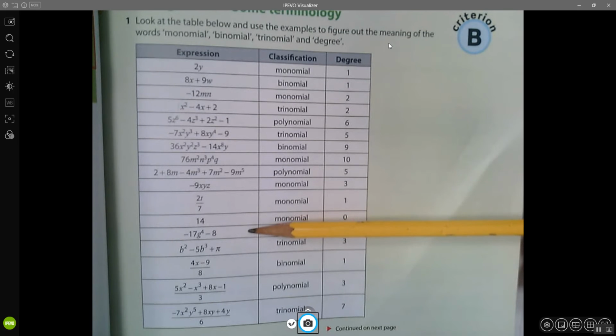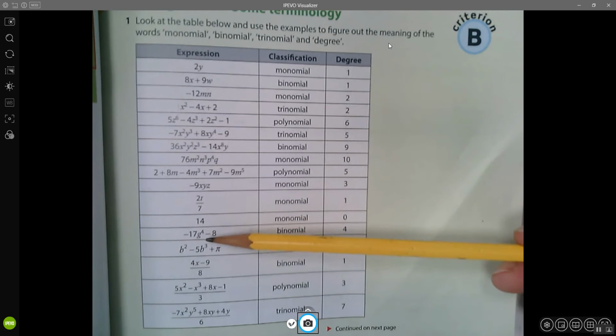Good. What is the coefficient of the first term in this one? -17. Good. What is the constant term in this one? What number is just by itself? Yep, but it's not just 8, it's -8.